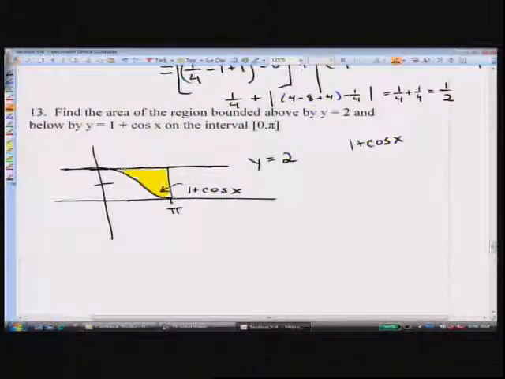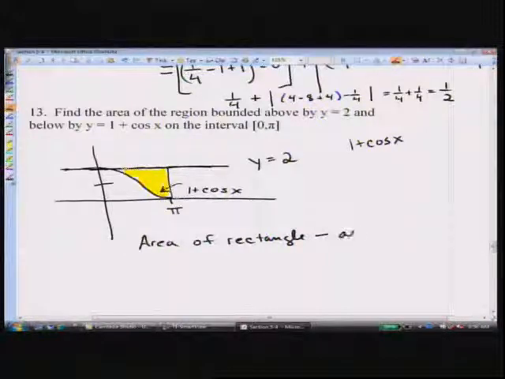do you guys see a rectangle? Do you see that if you did the area of the rectangle and you subtracted the area under 1 plus cosine x, you'd be good?